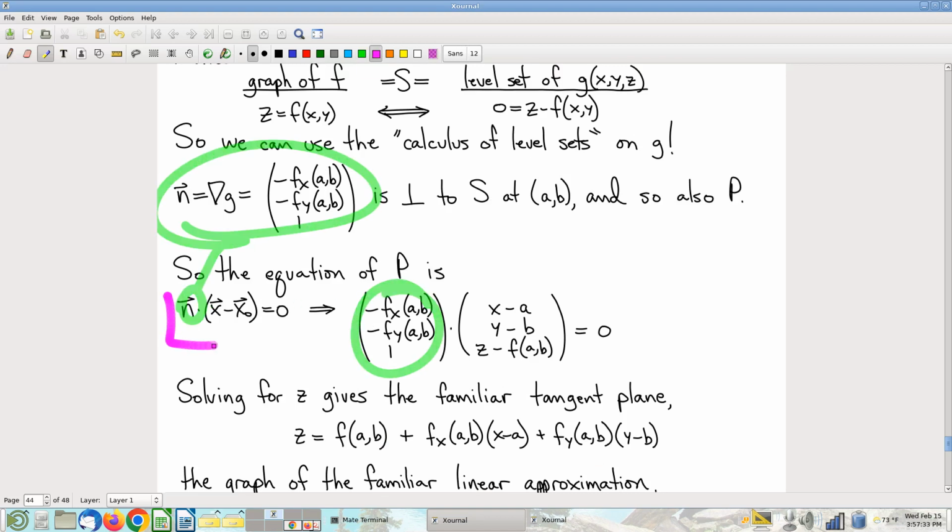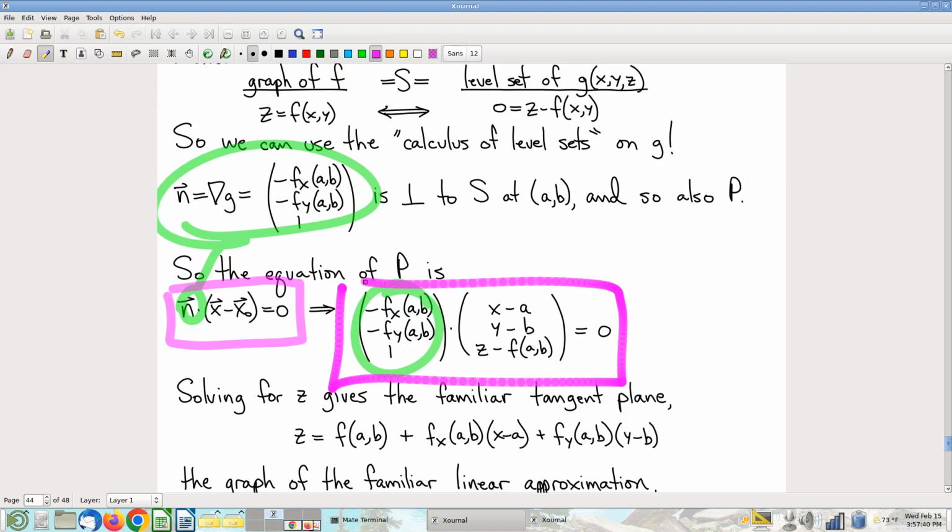Here's the equation of a plane. N dot x minus x naught is 0. X minus x naught is this business right here. And don't forget the point x naught we already talked about. That point x naught is this right there.